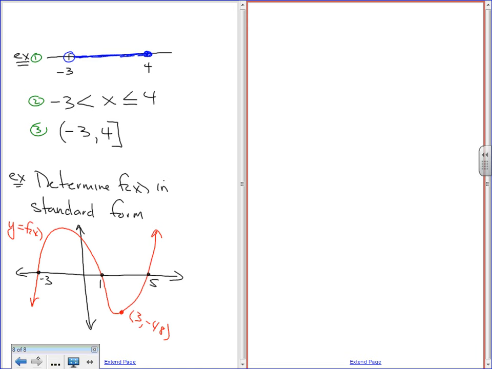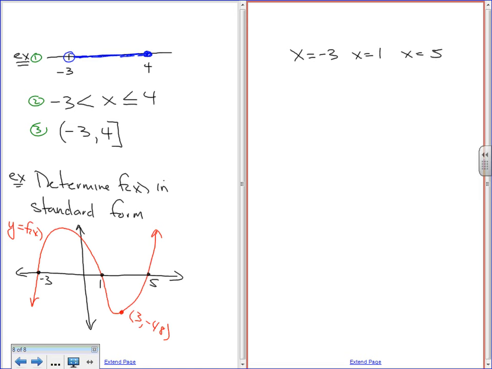Okay, so how can I determine the equation of f of x in standard form from this information? So what are they? You're giving me the zeros, right? Okay. So x equal to -3 is a zero, x equal to 1 is a zero, x equal to 5 is a zero.